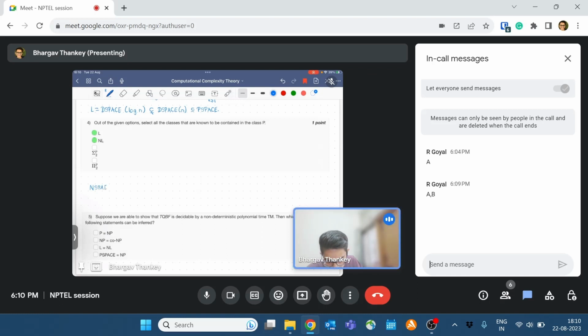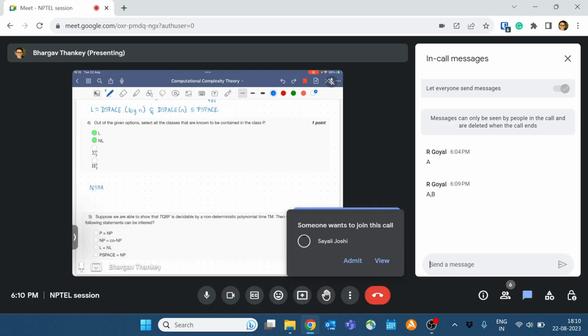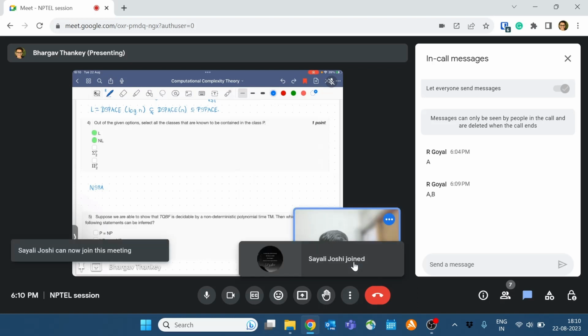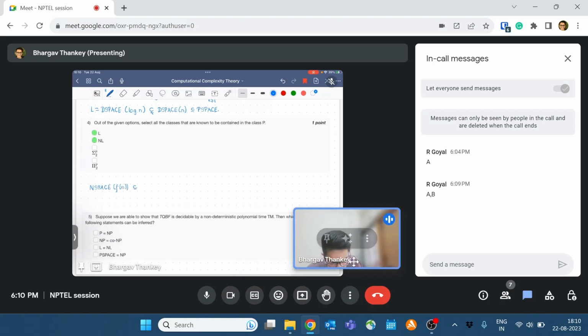So basically, what you are saying is this: N space f(n) is contained in D time 2 to the order f(n), right?